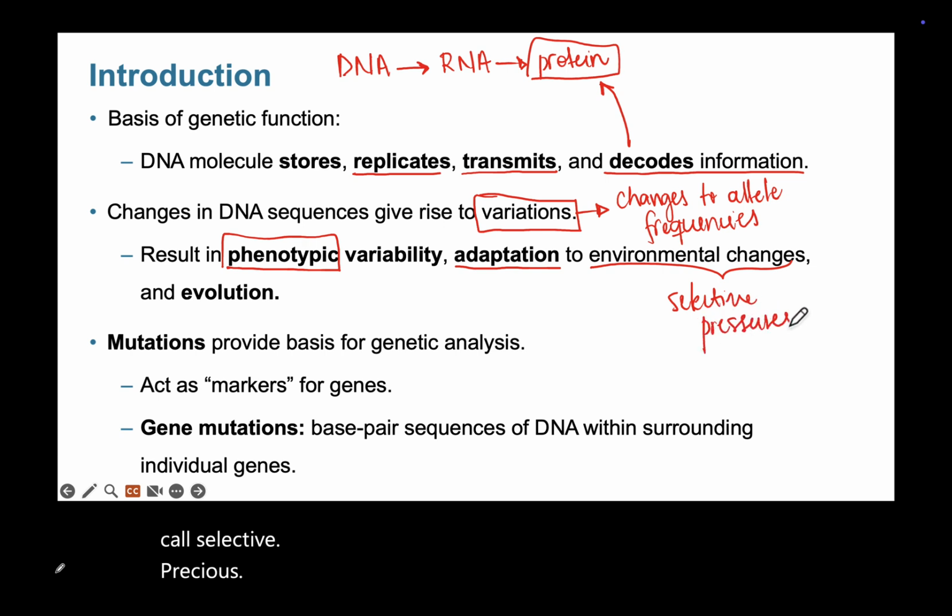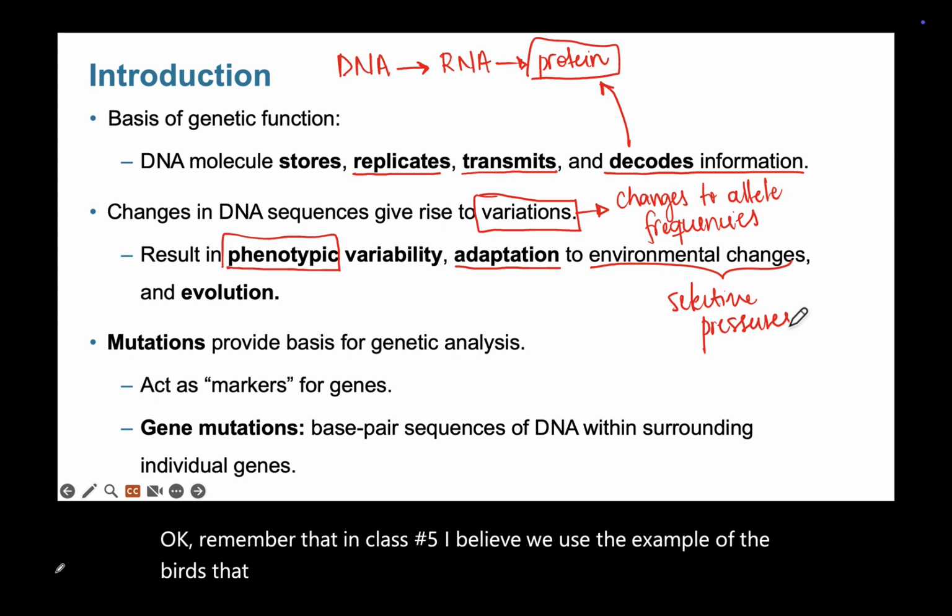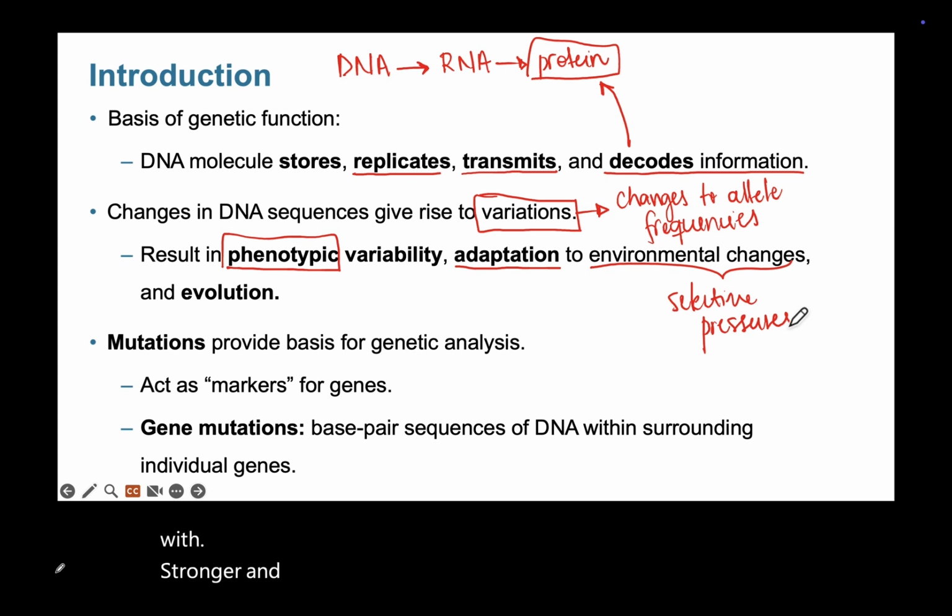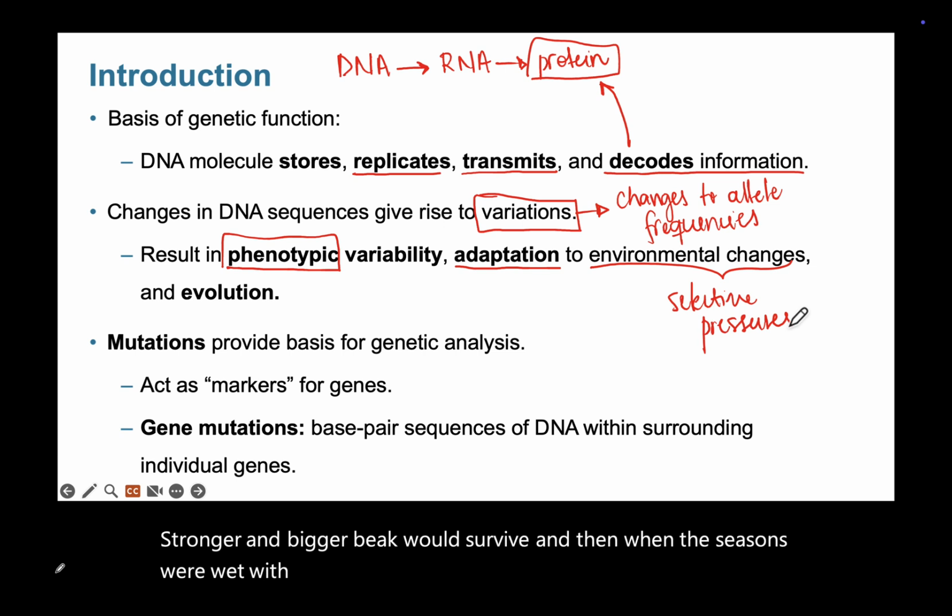Okay? Remember that in class number 5, I believe, we used the example of the birds, that when the season was dry, then the birds with a stronger and bigger beak would survive. And then when the seasons were wet with rain, then those with smaller beaks would survive, right?